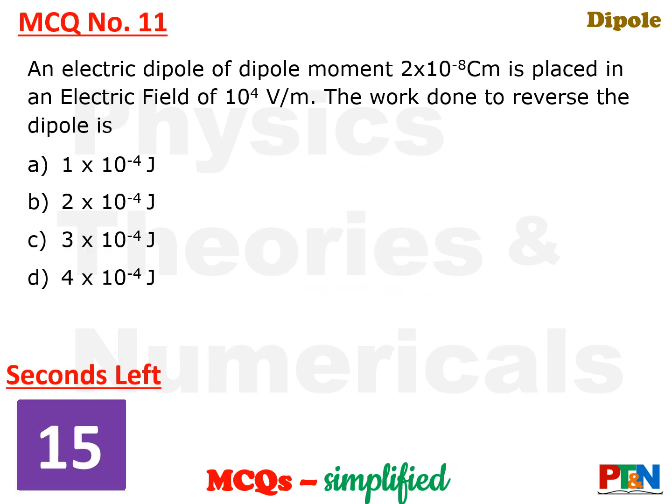Next MCQ. An electric dipole of dipole moment 2 into 10 to the power minus 8 coulomb meter is placed in an electric field. Electric field has been given. So what is the work done to reverse the dipole? 4 options given. 15 seconds time for you.